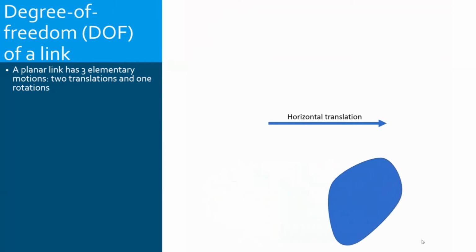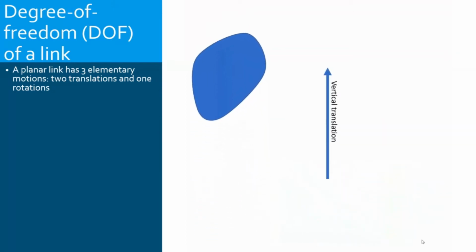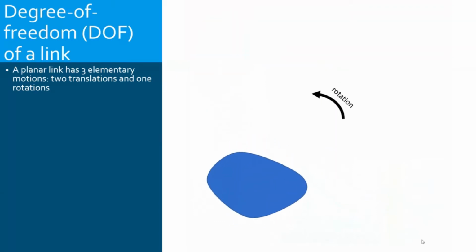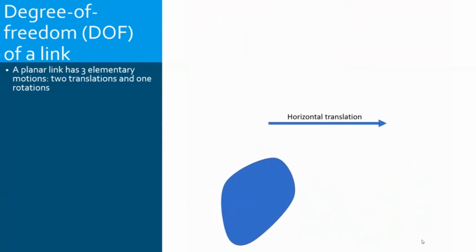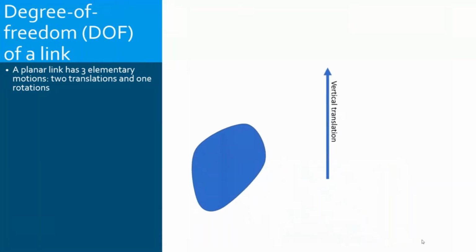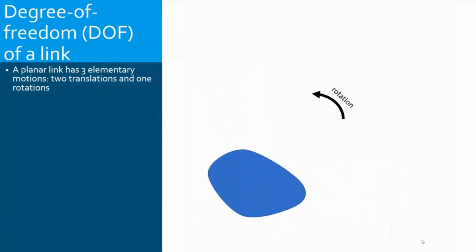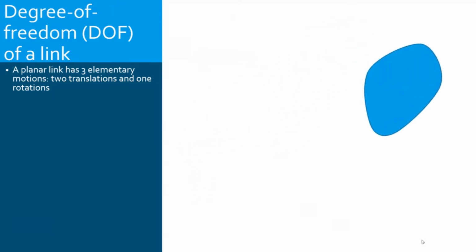Now, these 3 elementary motions are the only transformations that conserve the shape, that conserve the distance between points, or that conserve the angles. That's why we consider only these types of motion for a link. So these elementary motions are the basic motions.